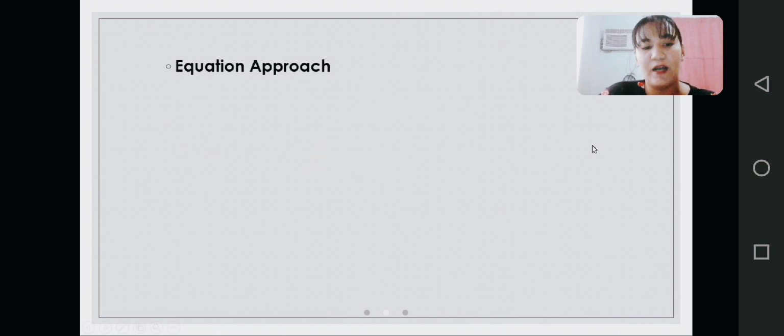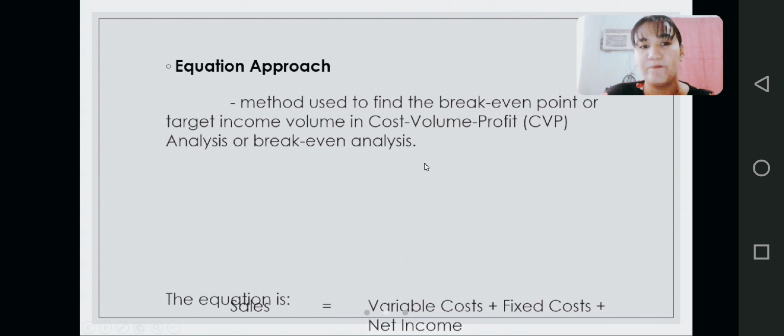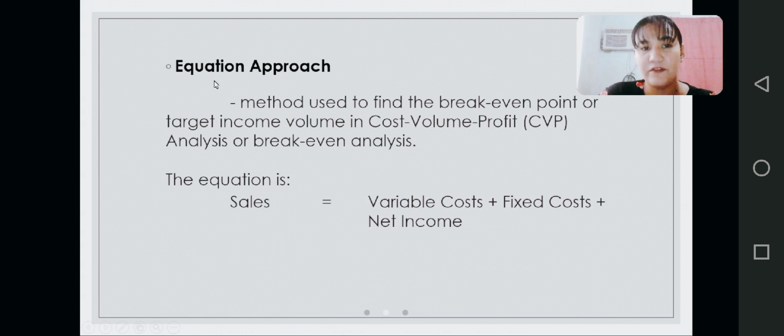Let's talk about equation approach. This is the method used to find break-even point or target income volume and cost volume profit analysis or break-even analysis. The equation of the equation approach is variable cost plus fixed cost plus net income is equal to sales.